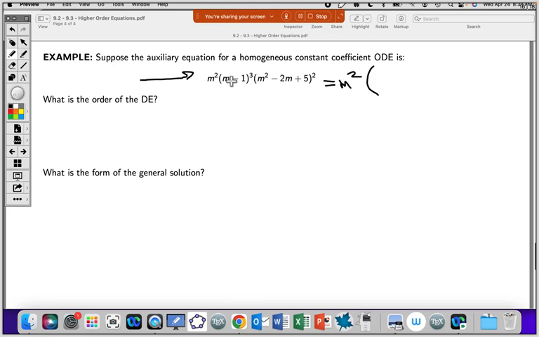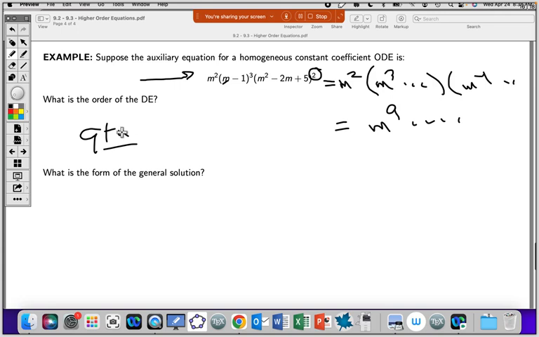And here, if I multiplied all that out, the highest power of m I'd get would be m cubed. And here, I'd have an m squared, but it's squared, so it'd be m to the fourth. If I multiply all this out, I add the exponents: 2, 3, 4, 9. I get an m to the ninth. So this would be a ninth order differential equation.